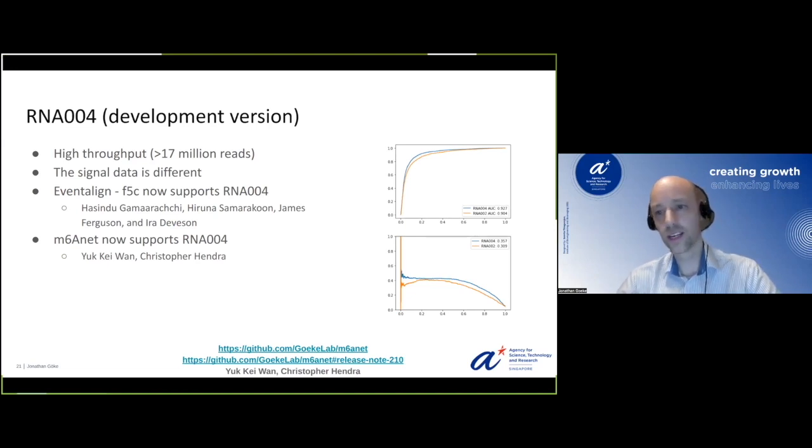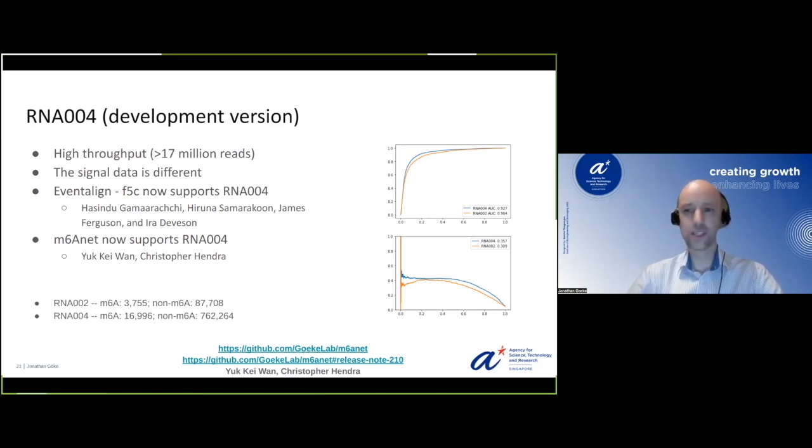The 004 is not evaluated in as much detail as the 002 model, but overall it looks really good. Another note, of course, is that because there's so much more data, you get many more sites with the new kit, and that means it's much more sensitive. But of course, there will be a lot of sites that might not be in the set of labels that we are using.